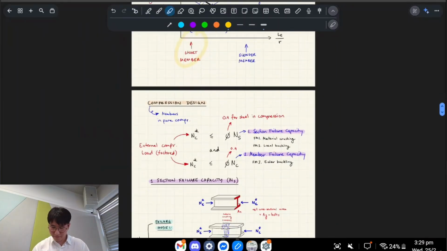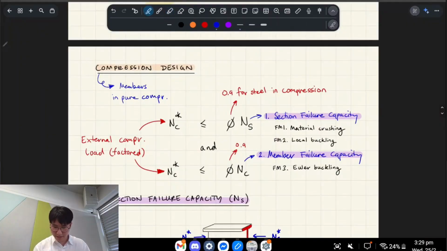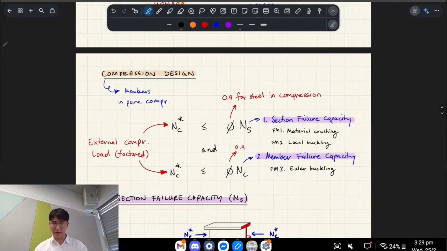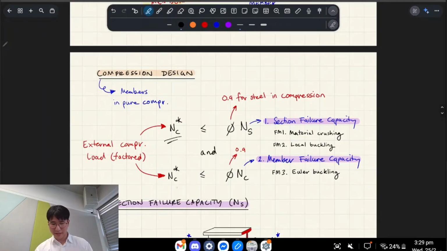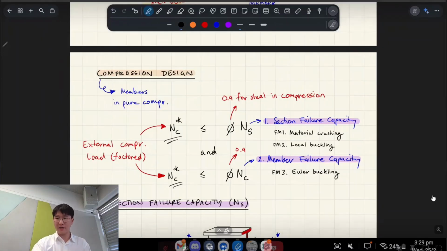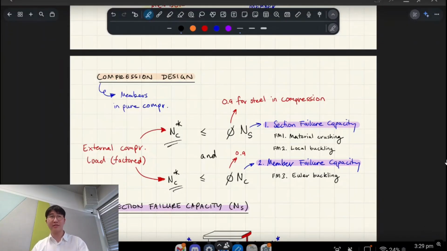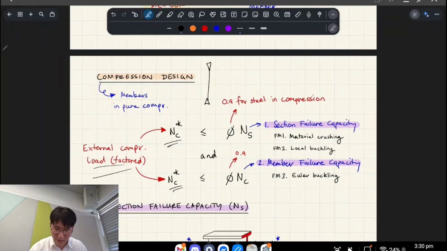All right. So for compression design, we have to take this into account, but we have different words to explain it. So firstly, from last week, you hopefully have a grasp of what N*C is now, right? N*C is the factored compressive force. So for example, you have the column, and then that force there, and then that reaction, that's the compression, okay?